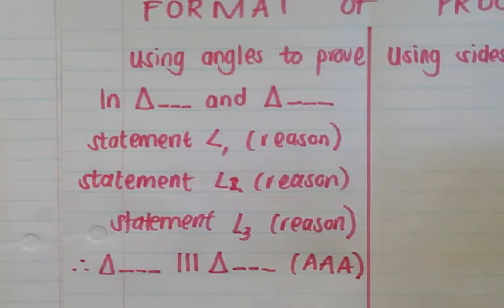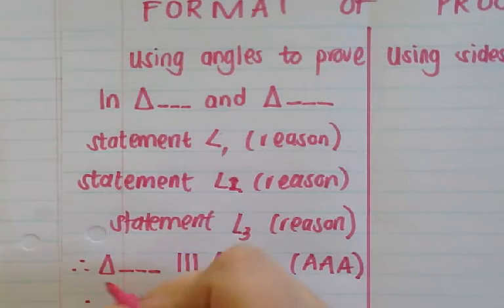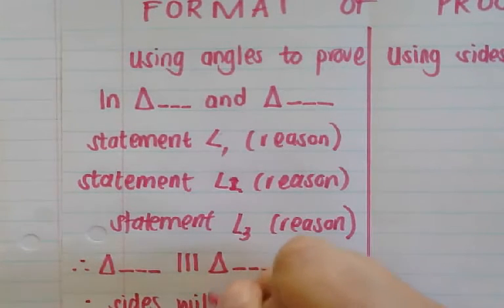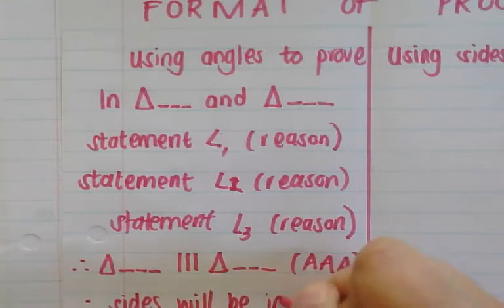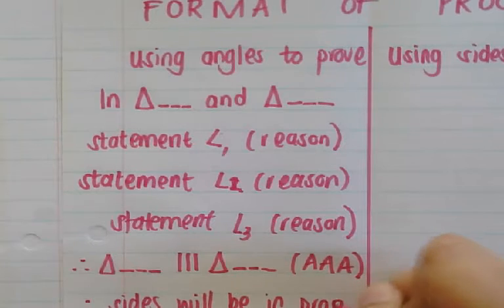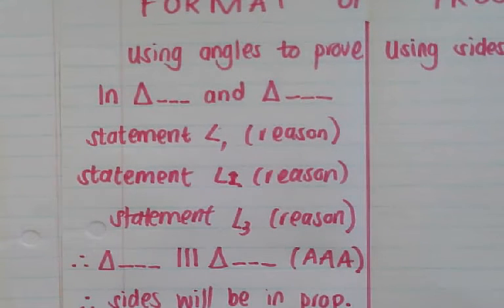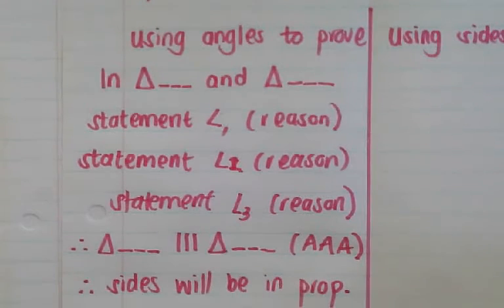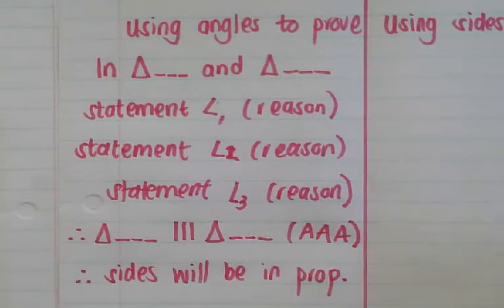Once I know they are similar, I also now know that the sides will be in proportion. So I'm just going to say prop for proportion. Sides will be in proportion. So that is what a typical proof of using angle, angle, angle looks like. And according to our outline, that is what you will use in the test.